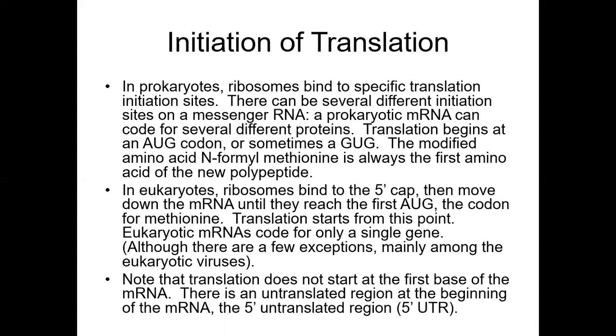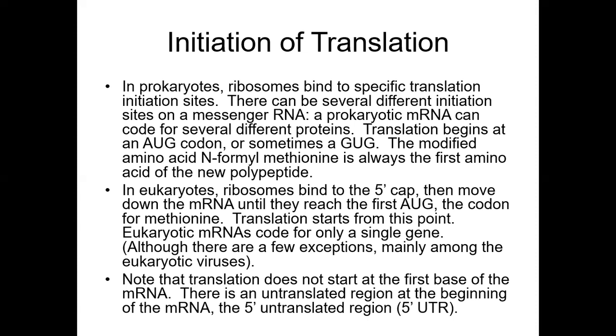So the AUG codon is the start codon that initiates translation. The modified amino acid is N-formyl methionine, and AUG codes for the amino acid methionine, which is the first amino acid present on the new polypeptide.